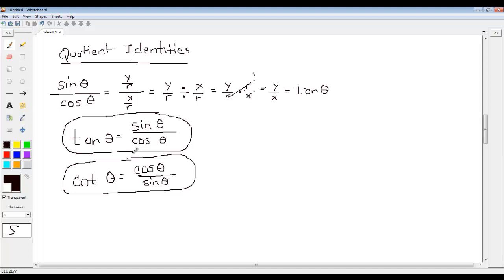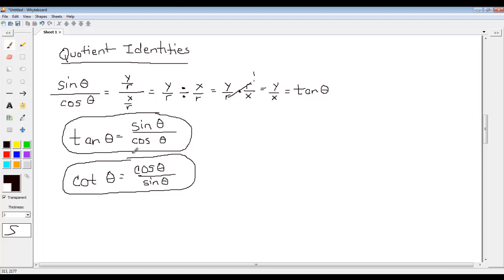In quadrant 1, all of your trig ratios are positive. In quadrant 2, smart, sine is positive, the others are negative. Quadrant 3, trig, tangent's positive, and the others are negative. And then class, cosine's positive, the others are negative. So you've got to think about what quadrant you're in to look at your signs.